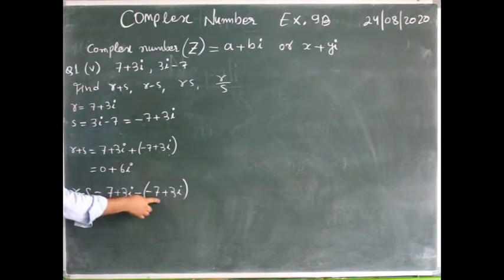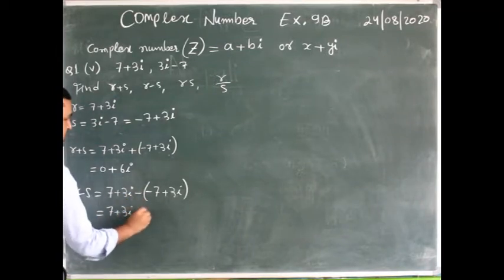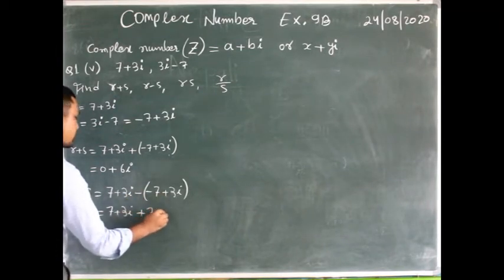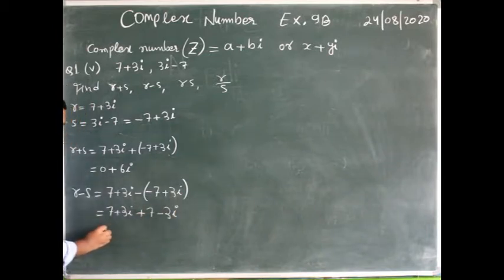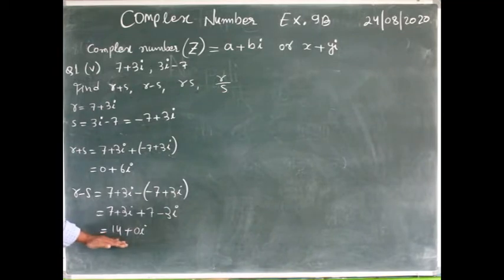Open the bracket and multiply with the minus sign: 7 plus 3i plus 7 minus 3i. Sum of like terms: 7 plus 7 is 14, 3 minus 3 is 0, so 14 plus 0i, or simply 14. The previous expression is purely imaginary because the real part is 0, and this expression is purely real because the imaginary part is 0.